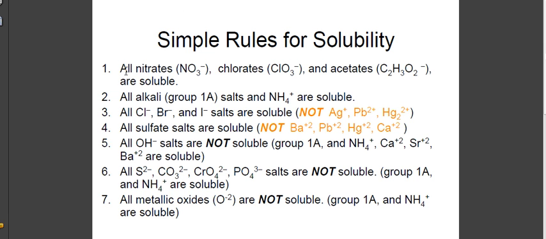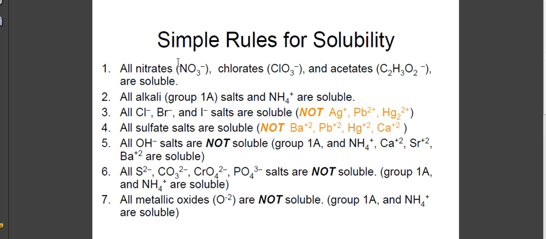First one says all nitrates, chlorates, and acetates are soluble. Okay? So if I have something like sodium nitrate, soluble. Okay, that means it remains clear. If I take a piece of solid sodium nitrate and place it in water, that will dissociate, or dissolve 100%, and it remains clear.